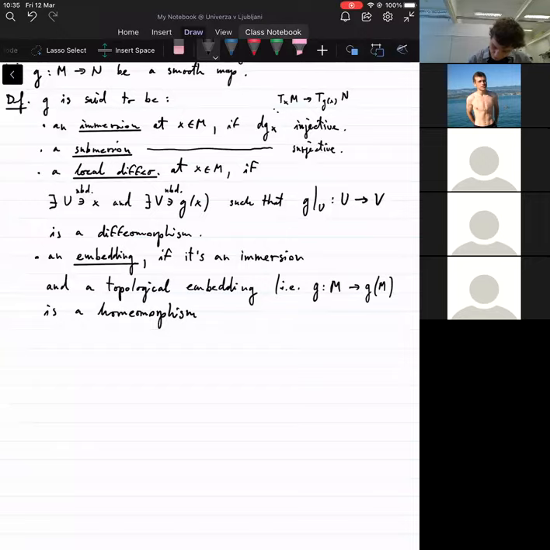Okay. So this means that if we restrict the codomain only to its image, well, then it has to be bijective. So this immediately implies that G has to be injective. Okay, that there's no other way for this to hold.